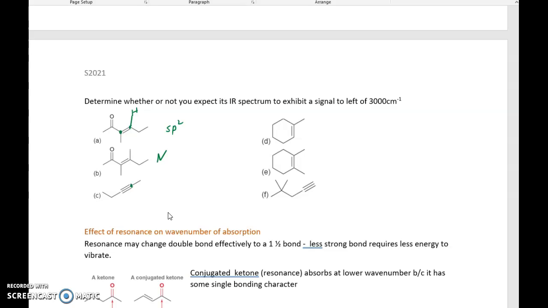This one has, here's our two carbons, we have no hydrogens. This one has a hydrogen here. This one does not. And this one has a hydrogen here. And so where we have a hydrogen, we expect to see that absorption.